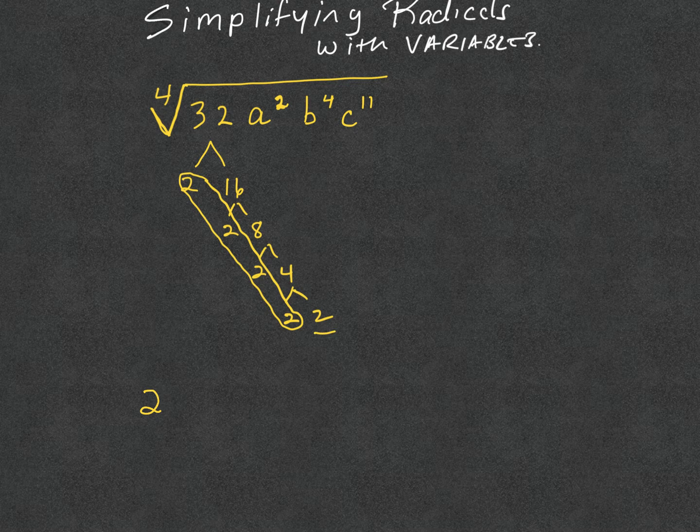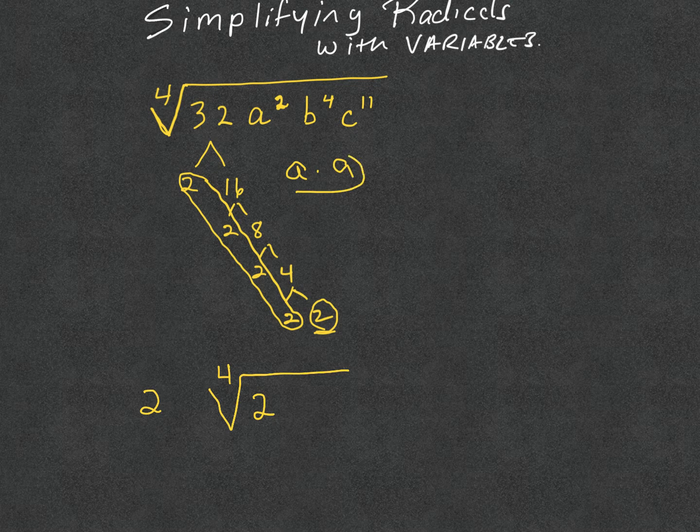What about this 2? Well, it wasn't part of that group, so that's going to have to stay in the radical. So let me write the fourth root. This one was outside the group, so it stays in the radical. Now remember, when we're talking about variables, we're looking for groups of 4.